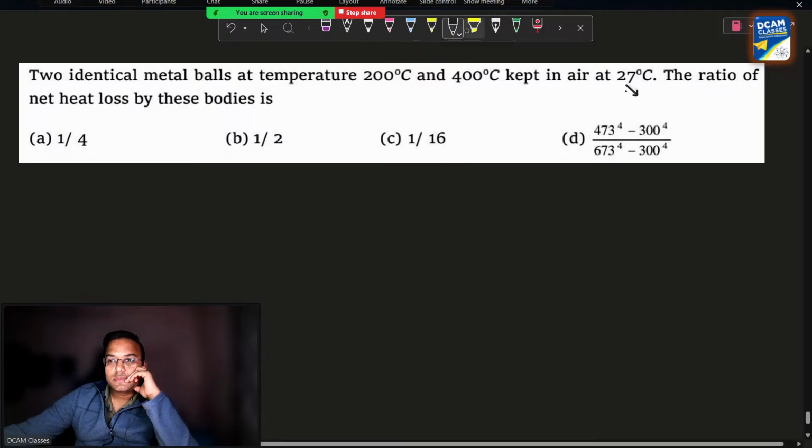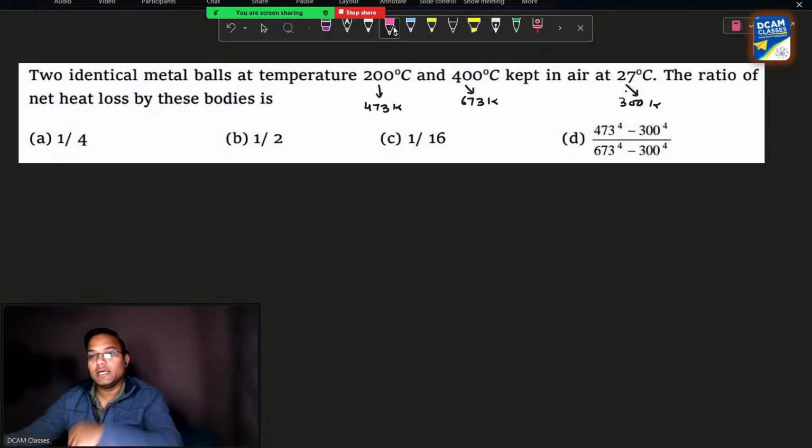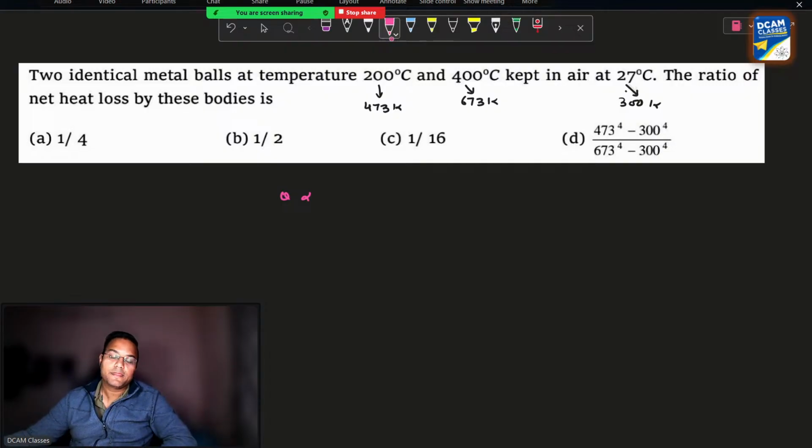27 plus 273, it is 300. This is the surrounding temperature, and this is 673 Kelvin, and this is 473 Kelvin. So the law that you have is Q is EA sigma into time T power 4 minus T naught power 4.